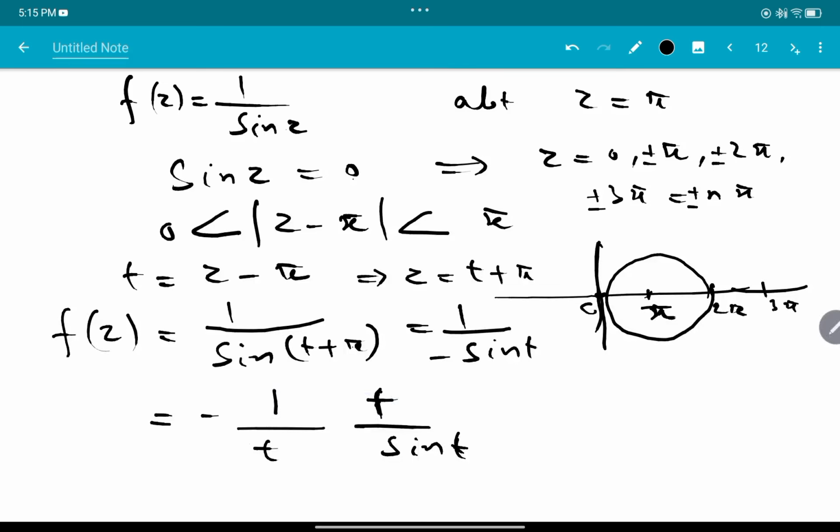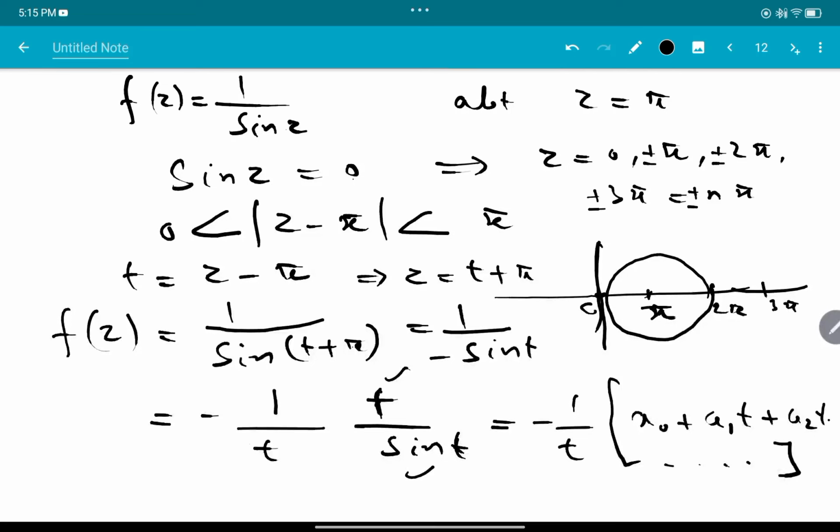Now I will keep this 1 by t here. I cannot use a geometric series for the other factor. For this I will write a0 plus a1 t plus a2 t squared, and so on, and you know how that can be solved.